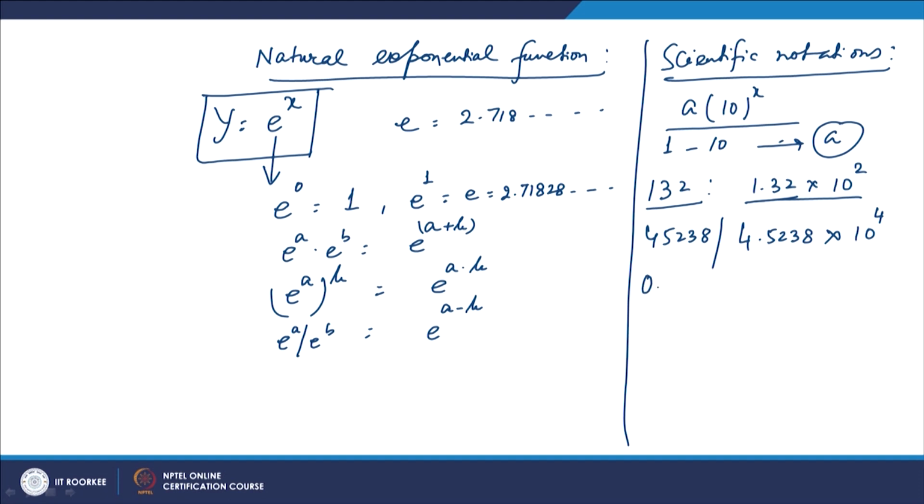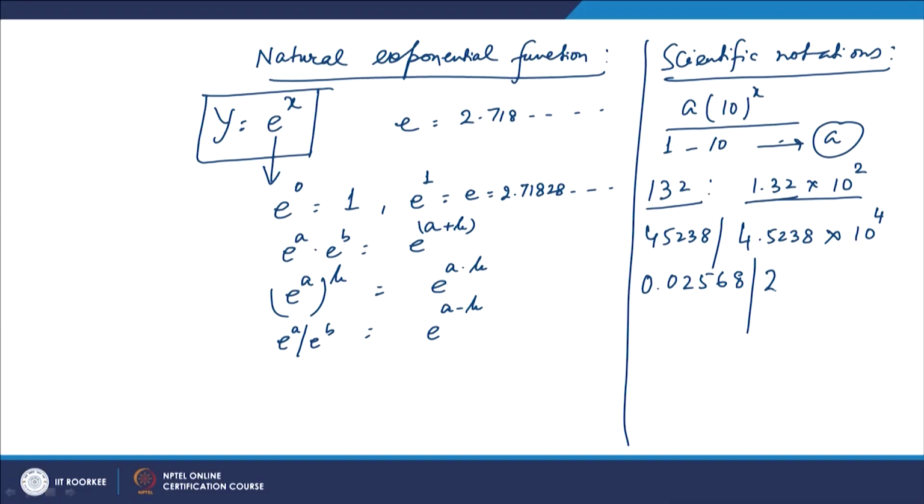Now on the other hand, if you have a number like 0.02568, in this case to represent it in scientific notation, when we try to define a, it has to be between 1 and 10. So you have to move the decimal towards the right.